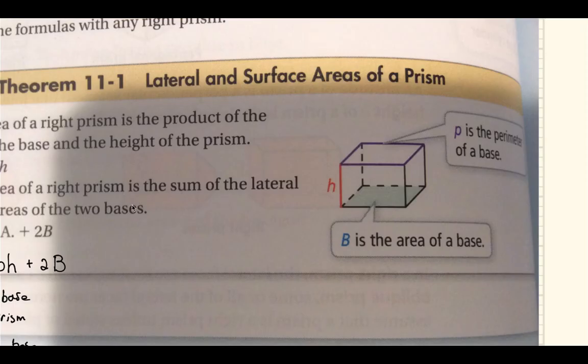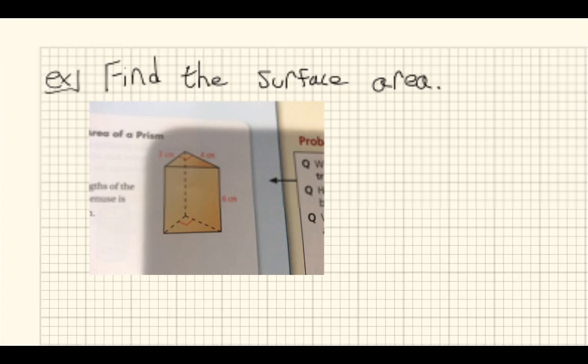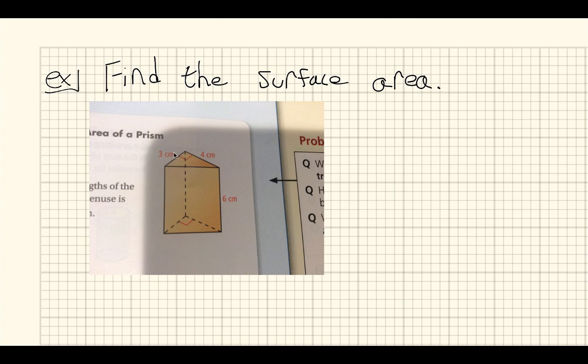And again, surface area is basically finding the area of every face of your prism. So let's go ahead and do an example, finding surface area for a prism. We have triangles for our bases, so this is a triangular prism. We need the perimeter of the base, the height of the prism, and the area of the base.